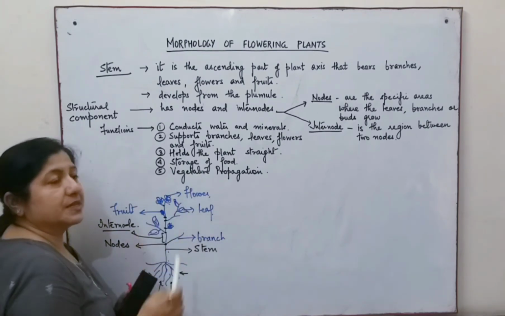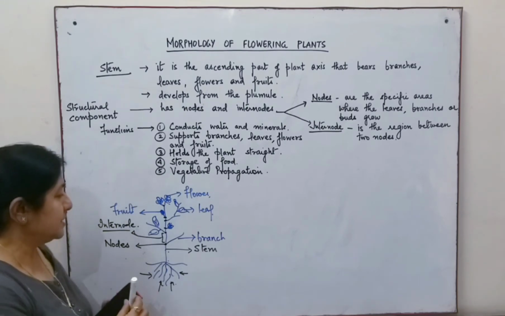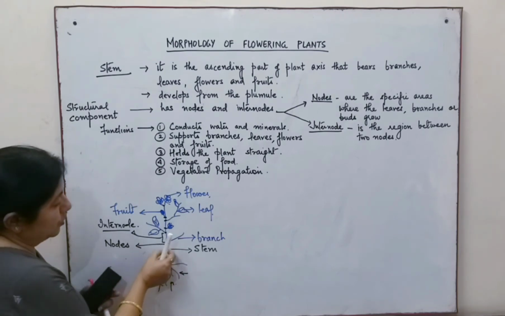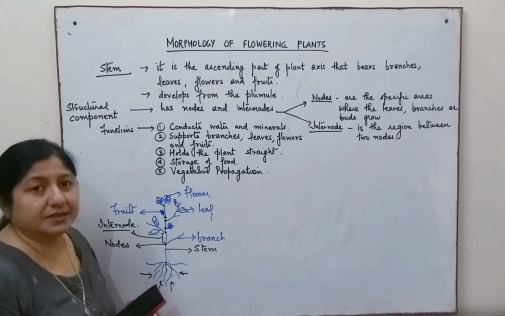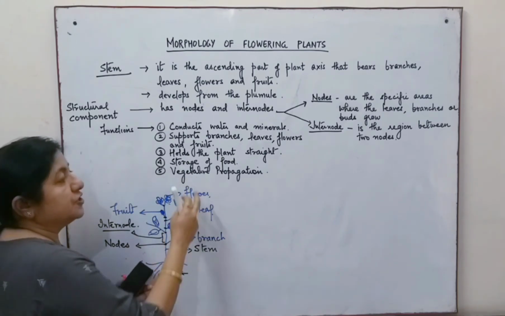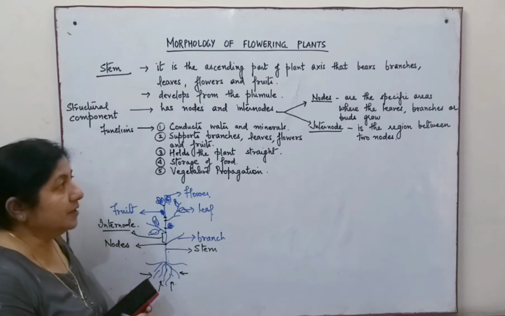It also helps in reproduction, that is, vegetative propagation. Sometimes a portion of the stem can be removed, and if it is planted from the node area, it will grow and develop as a new plant. So vegetative propagation is also a function performed by the stem.